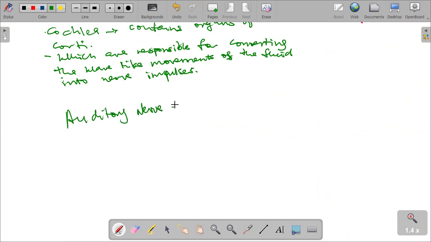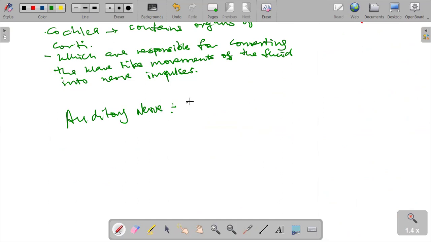What is its actual function? When the organ of Corti converts these sound-like movements, they are sent to the auditory nerve, which basically carries the nerve impulses from the ear to the brain.